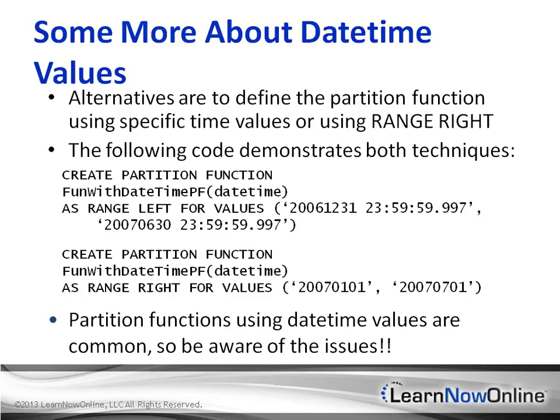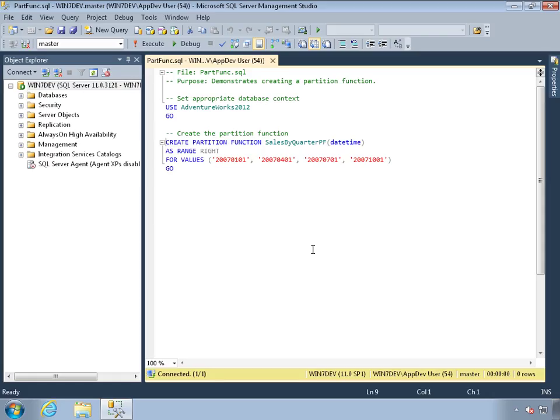So now let's go take a look at how to build a partition function in SQL Server Management Studio. So here we are in SQL Server Management Studio. We're going to create a partition function using the AdventureWorks 2012 database. We're going to create that partition function to divide up our sales table by quarter, and we're going to use a date-time column to indicate the partitions.